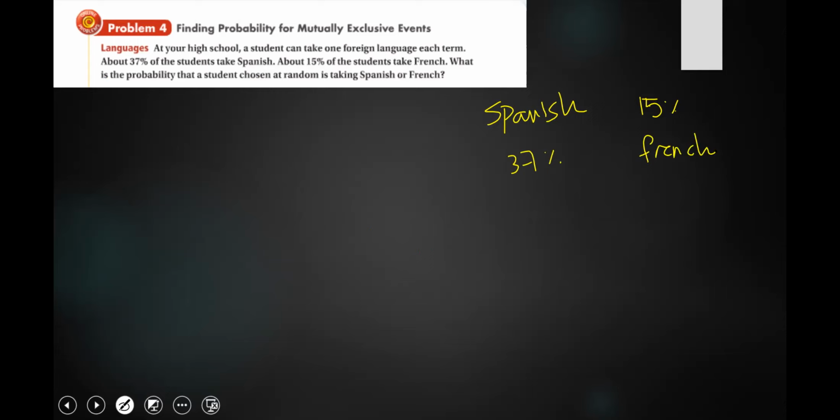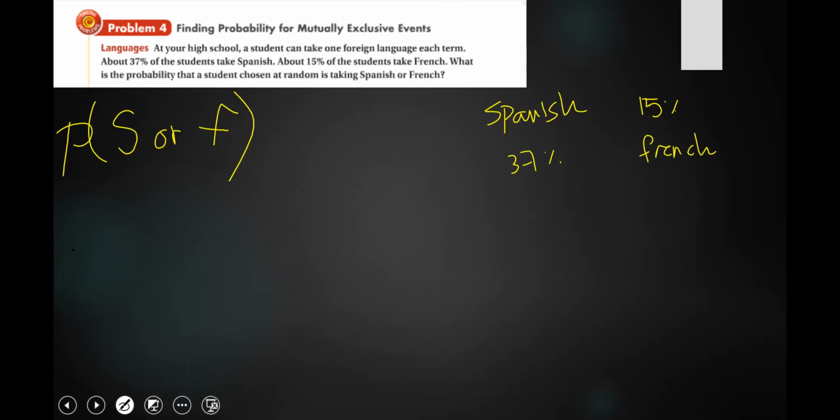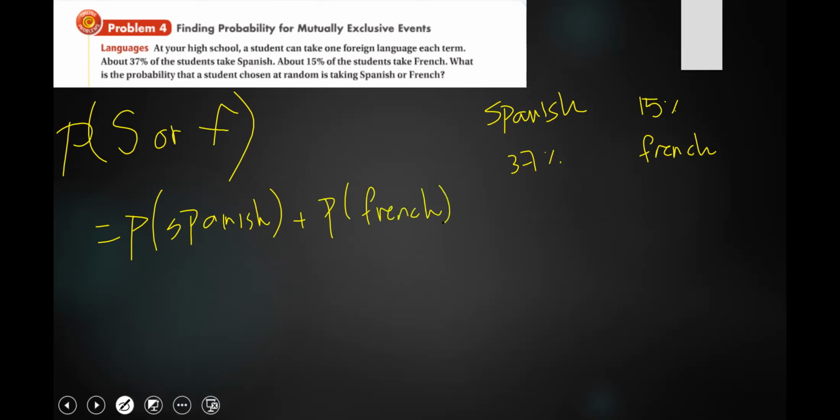What is the probability that a student chosen at random is taking Spanish or French? I wrote it like this. The probability of taking Spanish plus the probability of taking French minus the probability of taking Spanish and French.